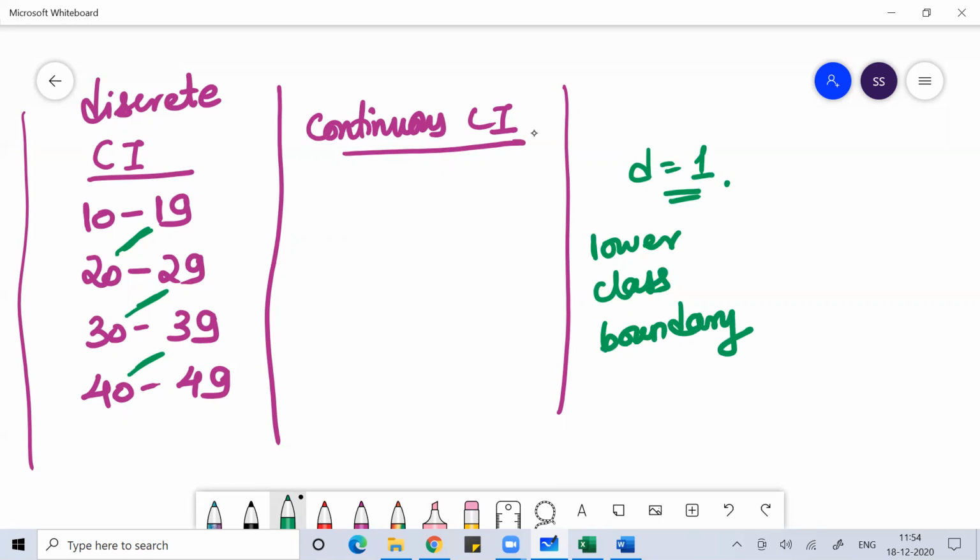So in continuous class interval, what you get we call a class boundary. Class boundary and class limit are the same thing here.